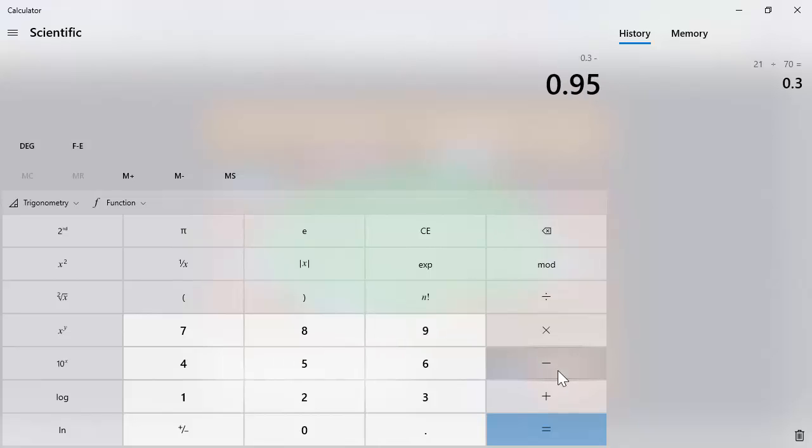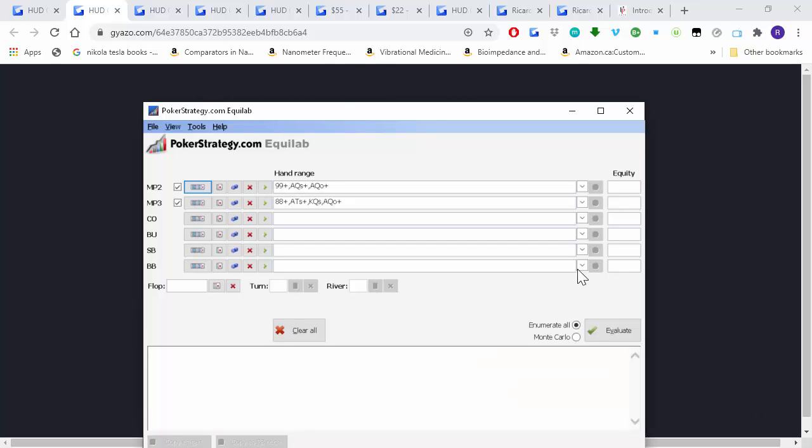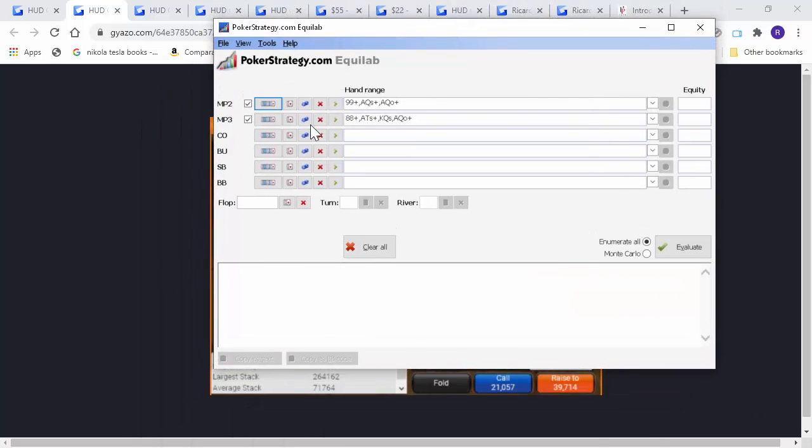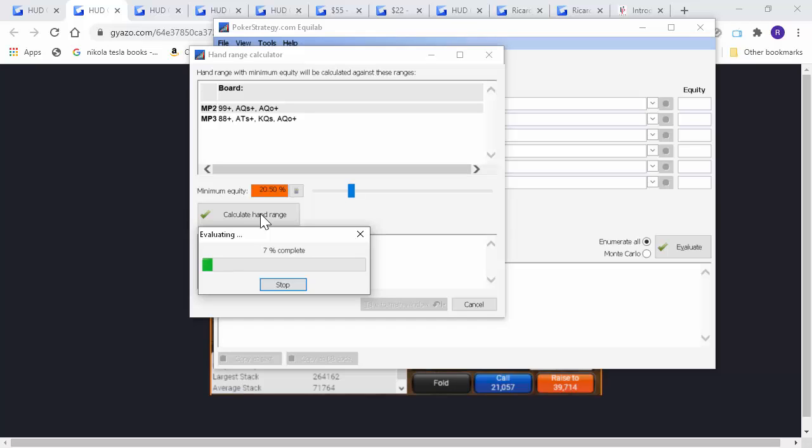Minus 1.5, whatever. So for multi-way. Let's see.